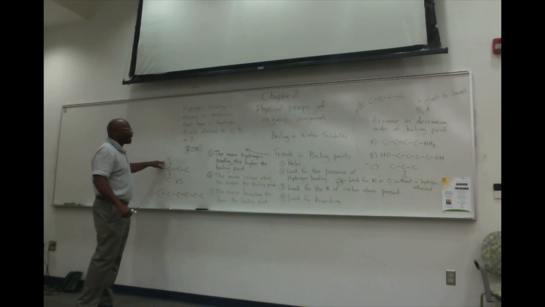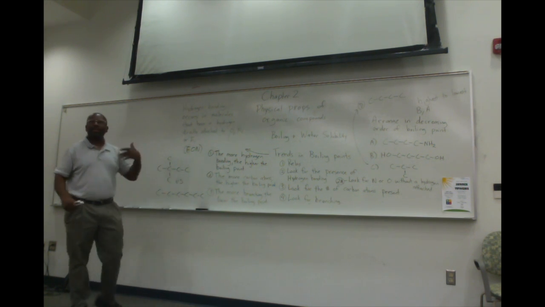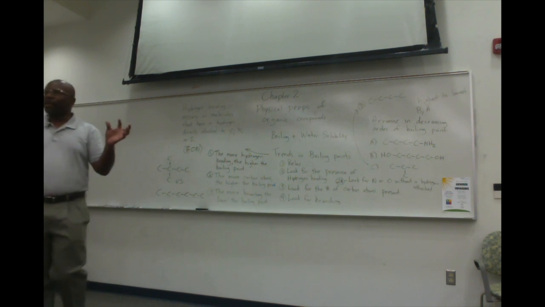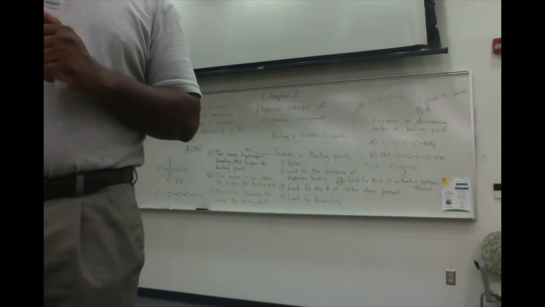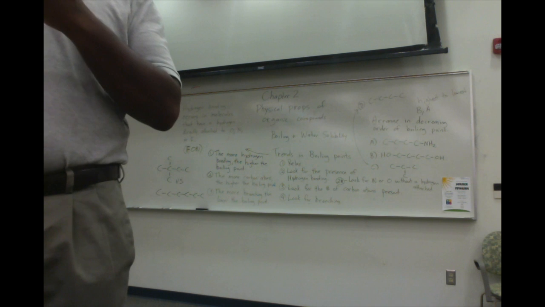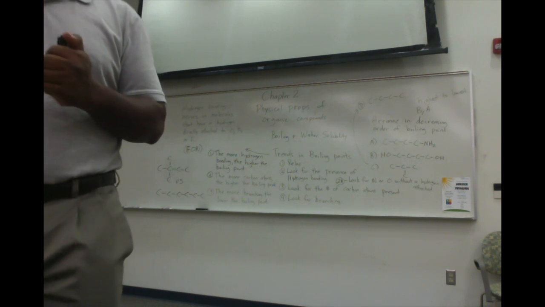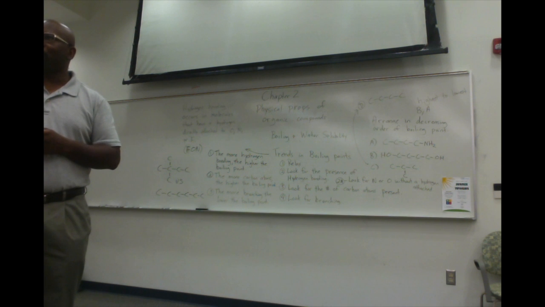I would give you a 5 and a 4, a branched 5 and then a straight 4, and see if you know the difference between those two. So again, I'm not interested in tricking you about a particular part of it. I want to see if you get a feel for what trend it would go in if I gave different atoms.